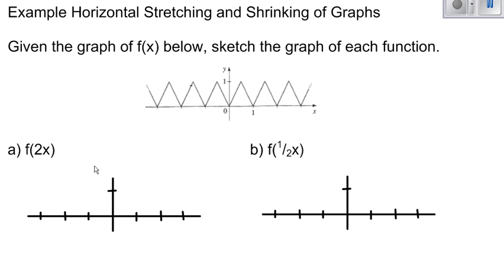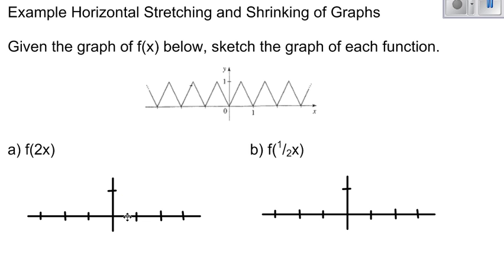So it's not actually a stretch, it is a horizontal shrink by a factor of 2. So instead of touching all of the points at the x-axis at 1 and 2 and 3, it's now going to do that at 1/2 intervals. It does not change the height of the graph, just shrinks it horizontally.